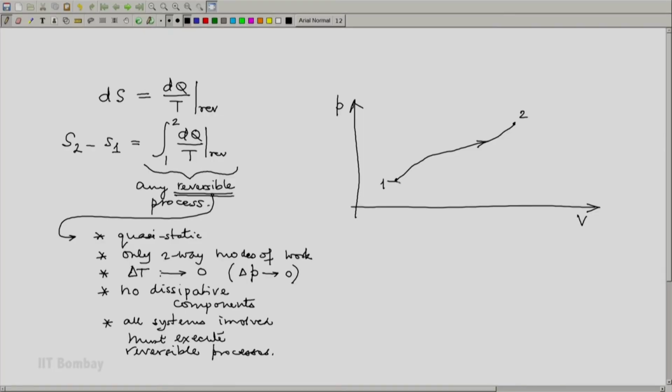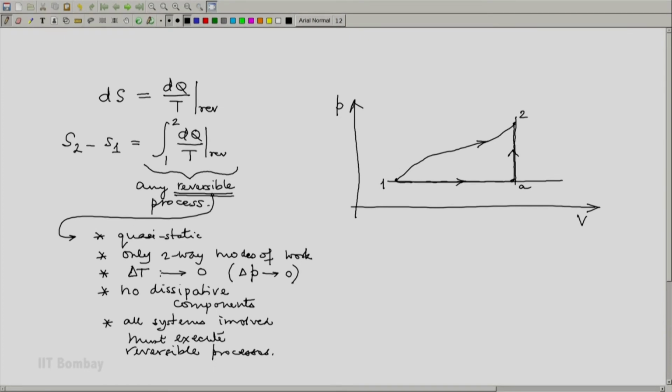For example, we could consider an isobaric line from P and a constant volume line from V, and we can decide that perhaps 1A2, this constant pressure followed by constant volume, could be one possibility.